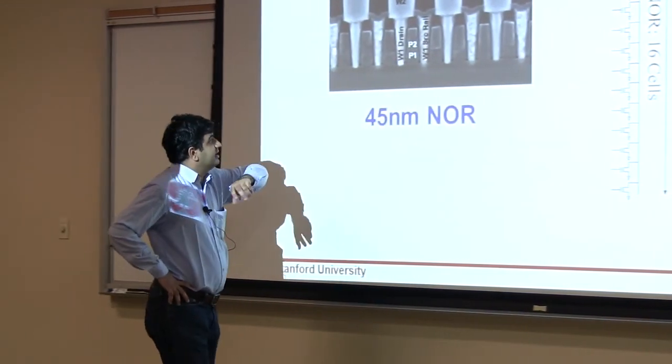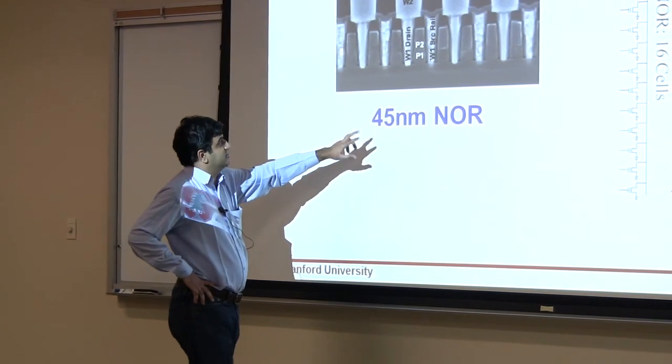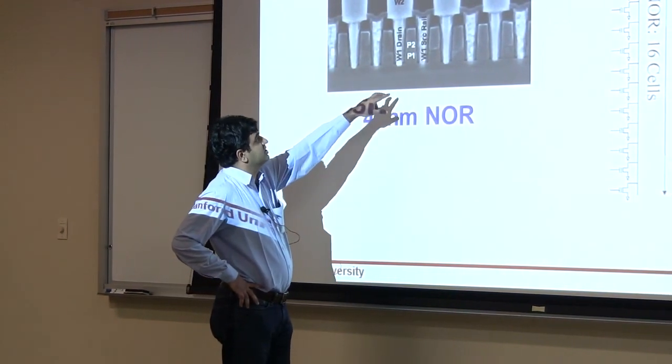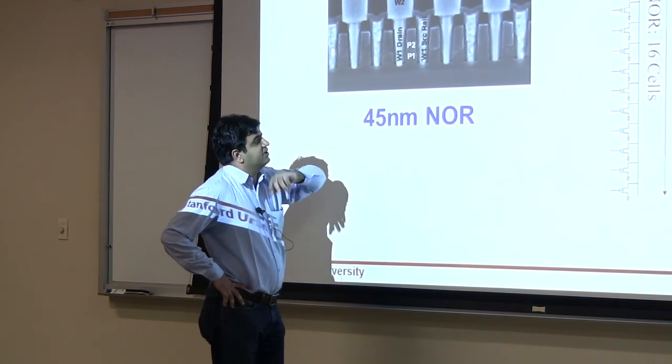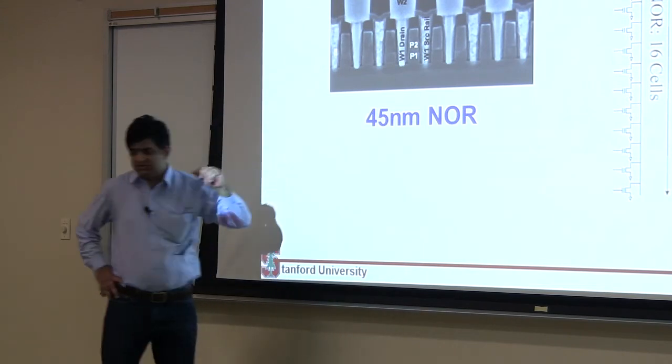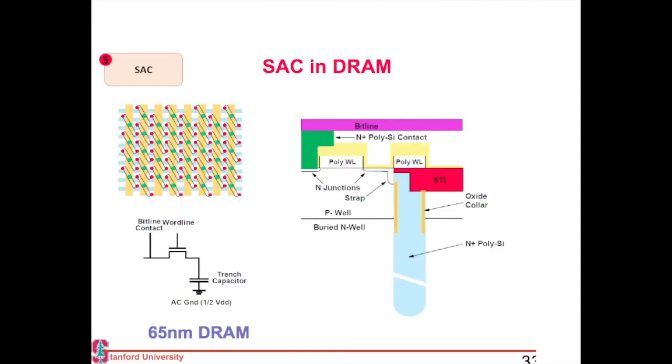And clearly you can see in this experimental picture that your tungsten contact is self-aligned between these two transistors. And the DRAM people have been using it even a few years before that.